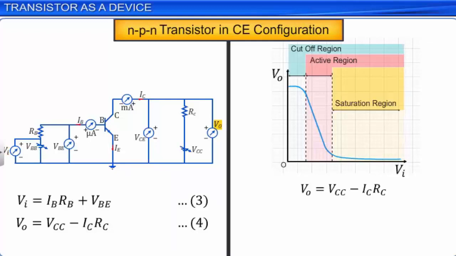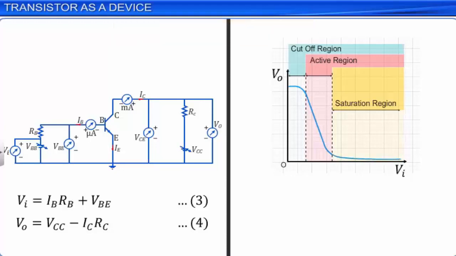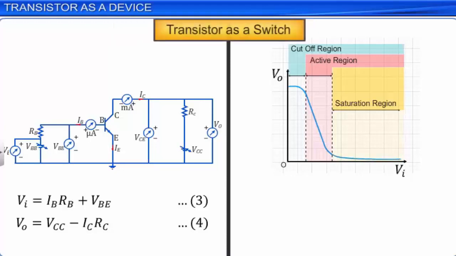Let us now discuss the transistor as a switch. When the input voltage Vi is low, the transistor is in the cutoff region. In the cutoff region, the collector current IC is 0 and it is not conducting.